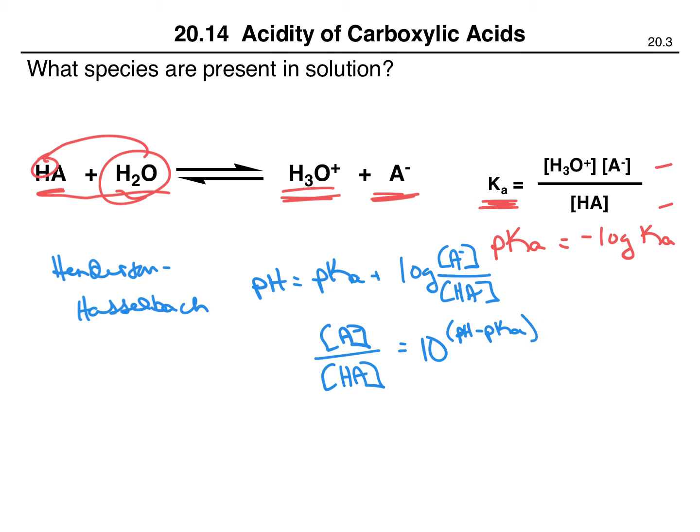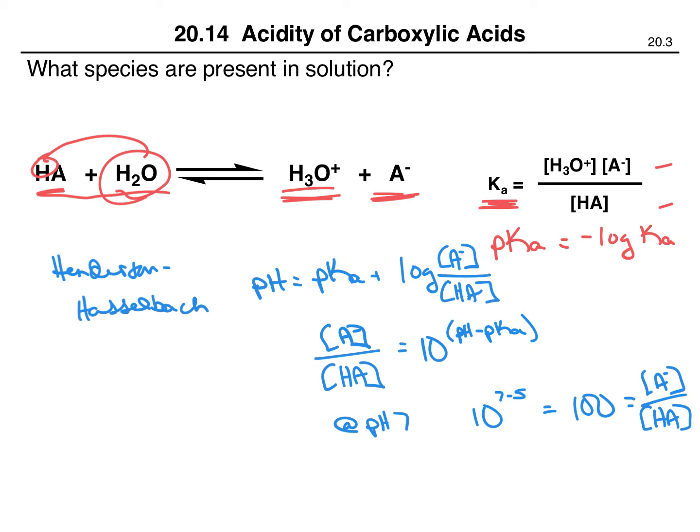So let's say we are talking about a particular pH. At a pH of 7, and we're talking about a carboxylic acid, so this has a pKa of 5. So at pH 7, 10 raised to the 7 minus 5 is equal to 100, and that is equal to the concentration of A minus over HA.